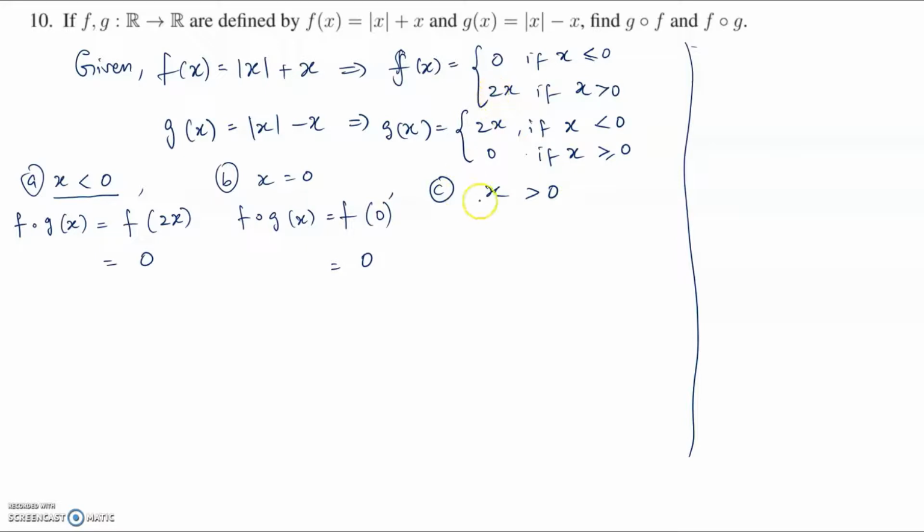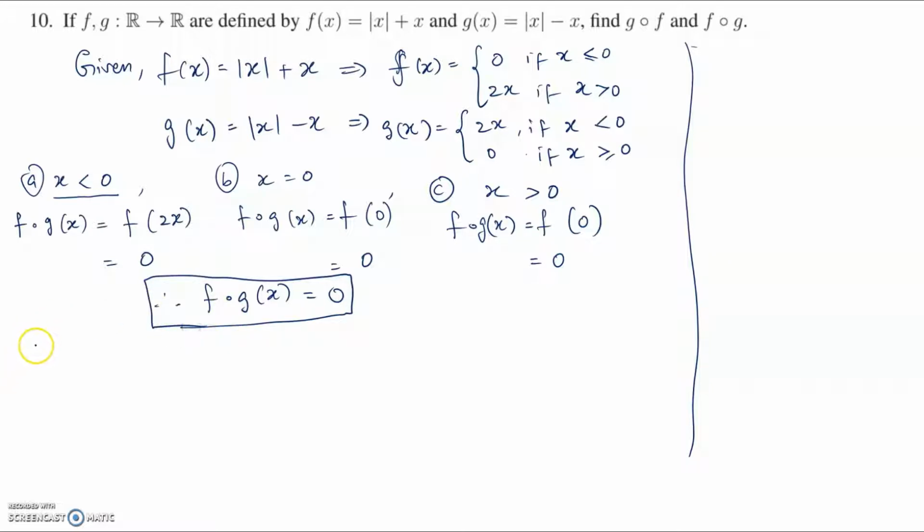So when x is greater than 0, f of g of x is, when x is greater than 0, g of x is 0. Therefore, again, this will be 0. Now, we can therefore say f of g of x is equal to 0.